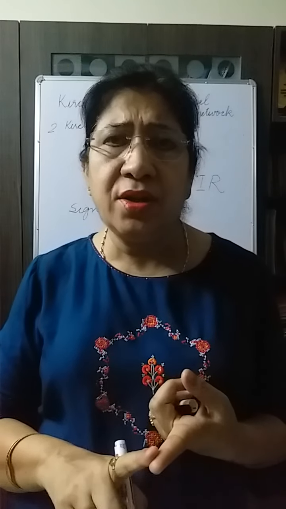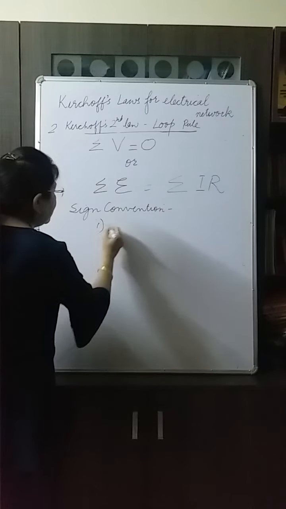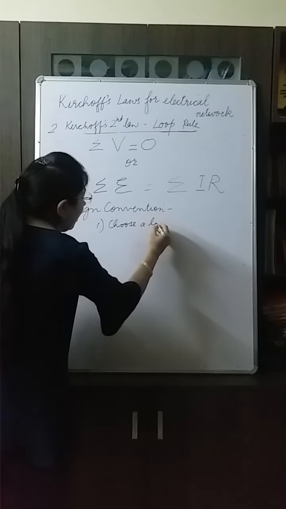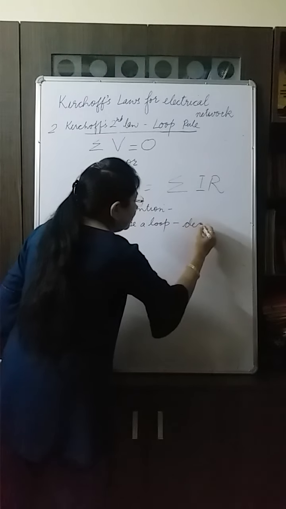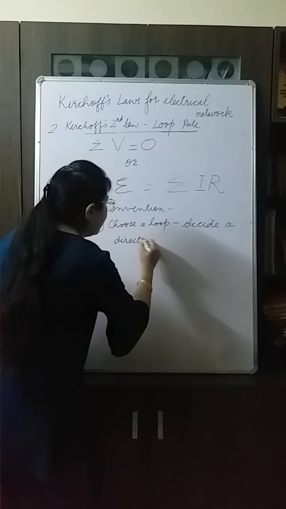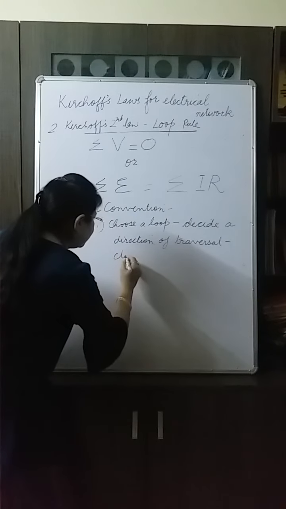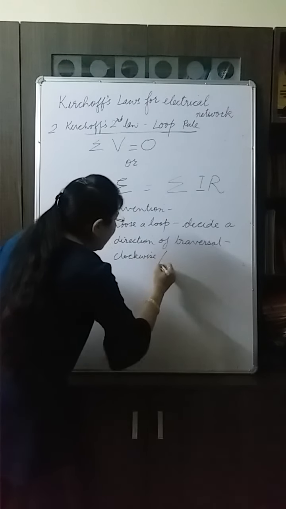This traversal direction can be clockwise or anti-clockwise. So the first step is to choose a loop and then decide a direction of traversal, clockwise or anti-clockwise.